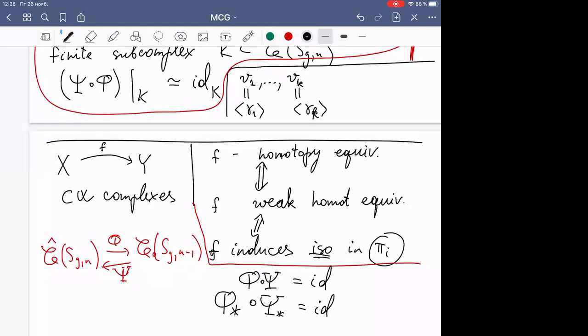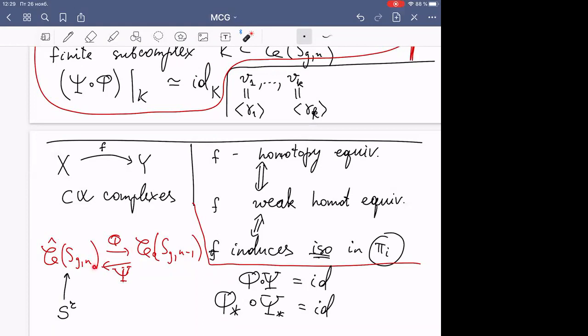So psi star is the right inverse to phi star. But vice versa, if we have any spheroid here, any map of any sphere, then it is always contained in a finite subcomplex. So in this finite subcomplex, phi and then psi is homotopic to the identity, if we prove this.